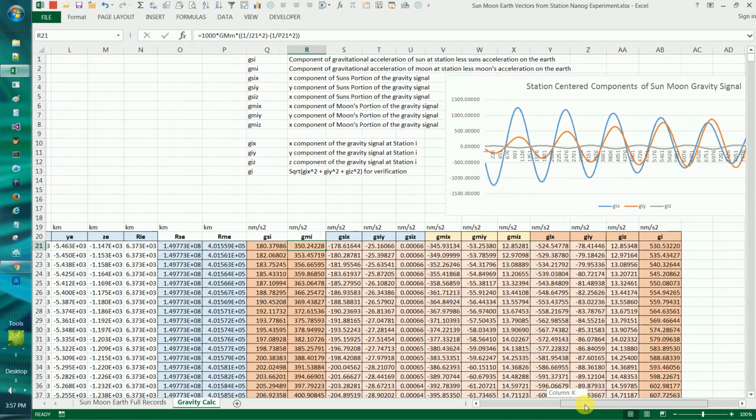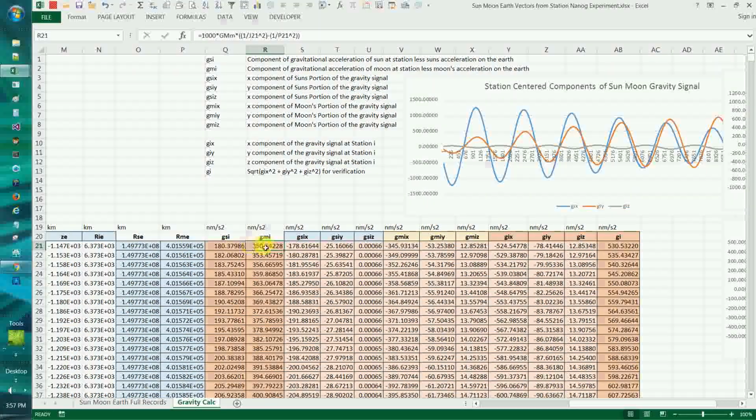And then I multiply that into the unit vectors in the sun's direction and in the moon's direction, and add those two vectors to get the differential acceleration at the station in station coordinates of the gravity signal. And then this is the magnitude of the gravity signal.